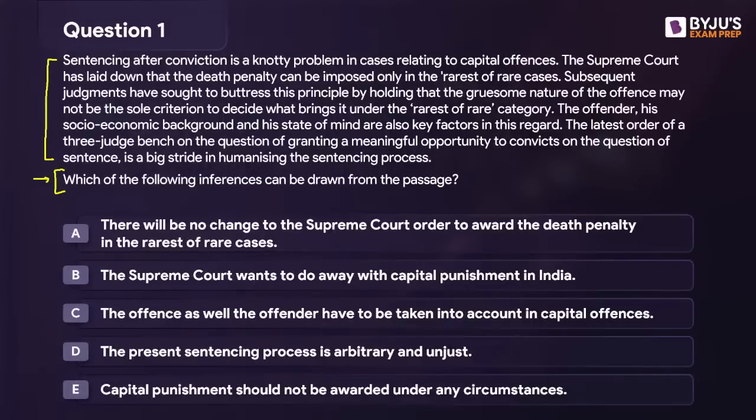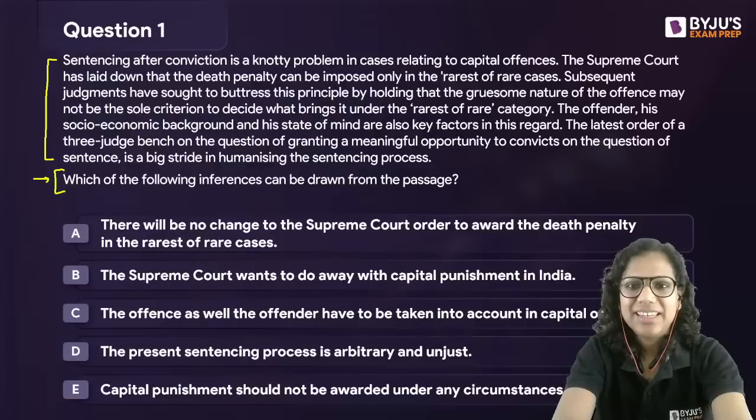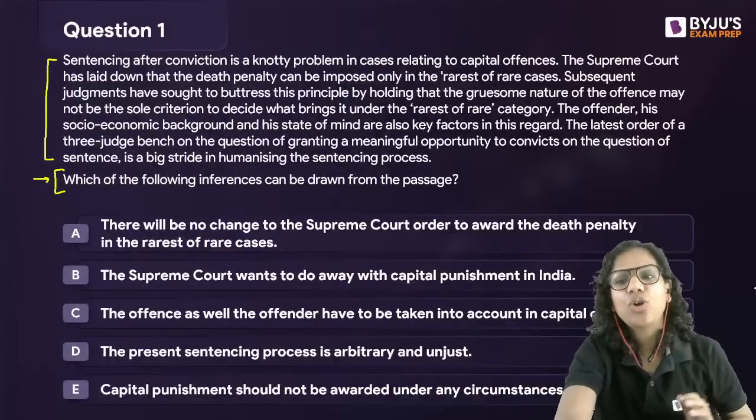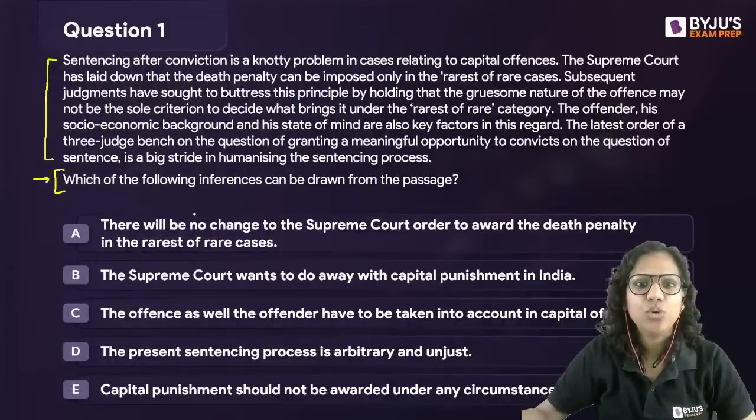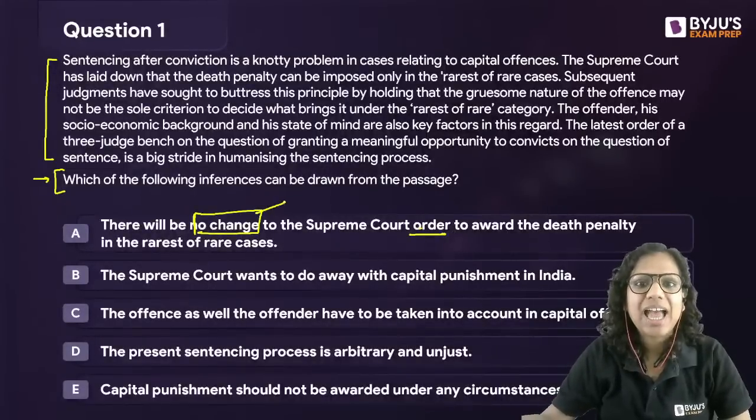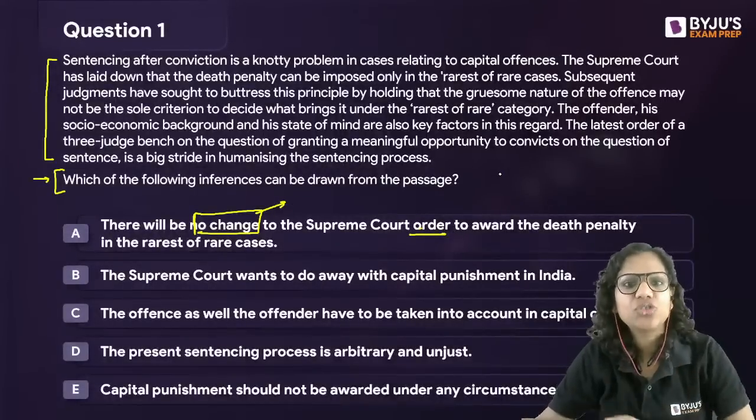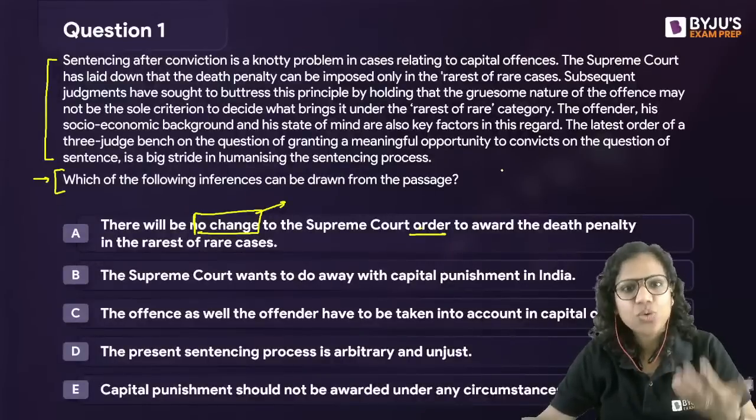All right. Let's have a look at what the answer should be. Now, if I look at the other options here, there will be no change to the Supreme Court order to award the death penalty. Have we talked about any such change?